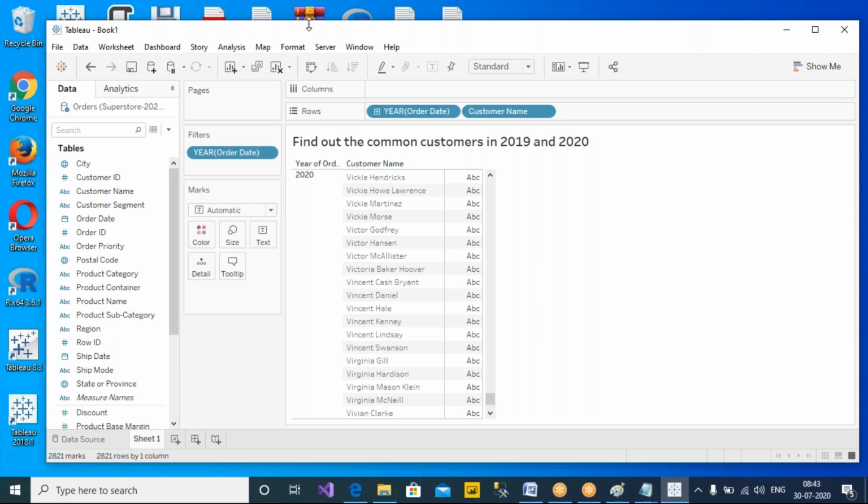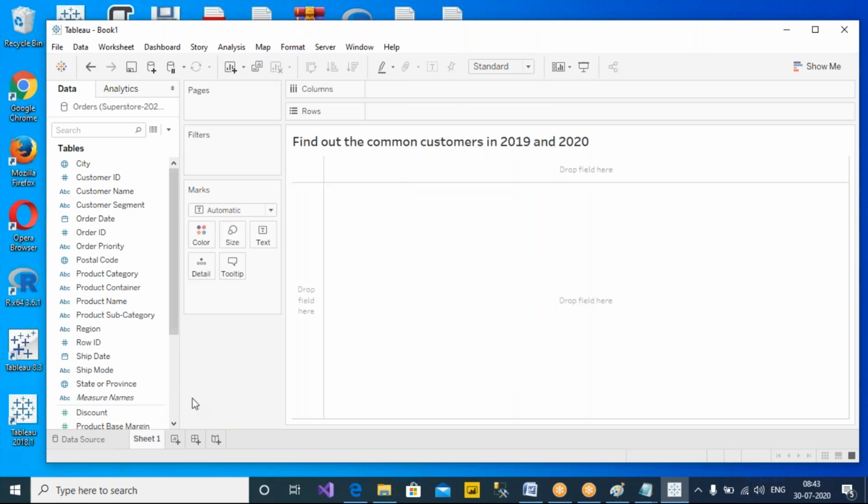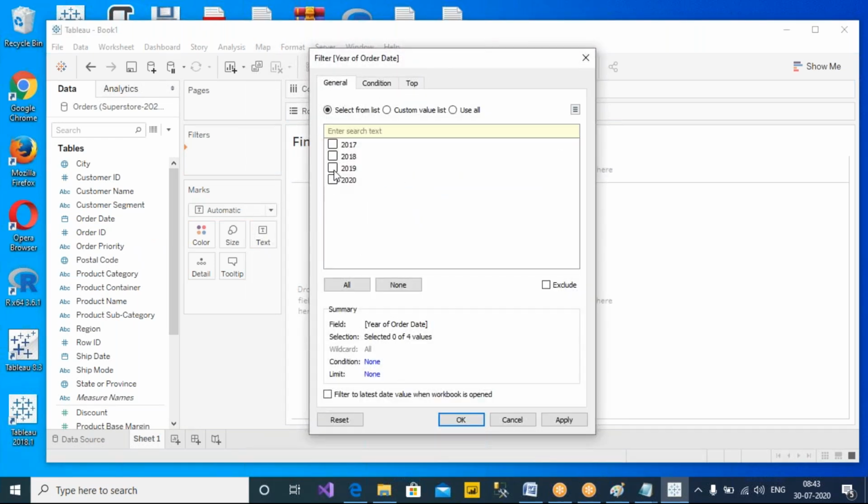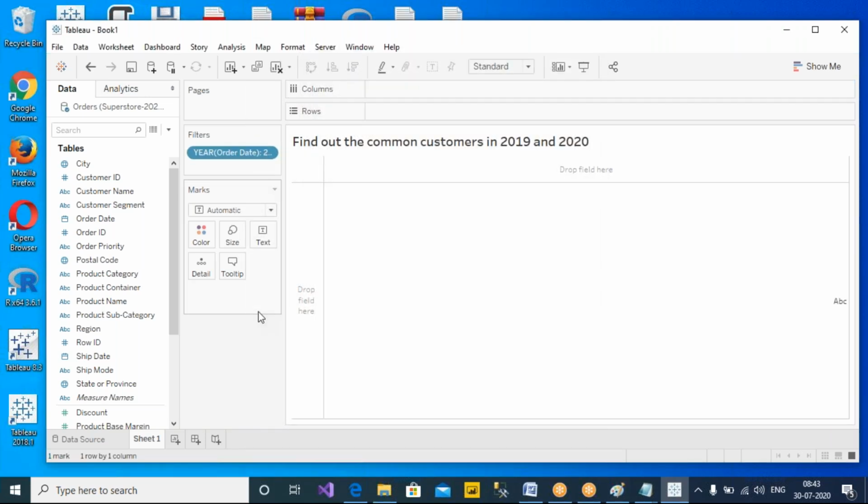So what do we do here? Let's solve this problem with a set. Observe here. Let's take the order date and put it into filters and select only 2019 first. Right, so I'm choosing only 2019, and now I want to take the customers.